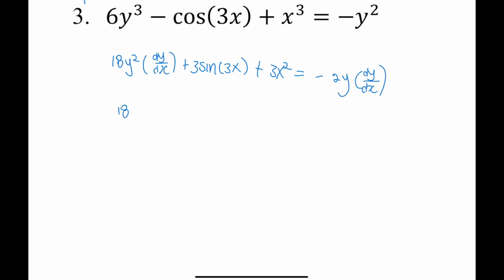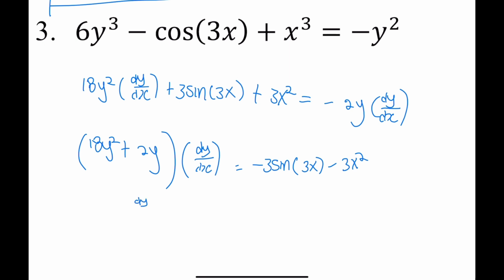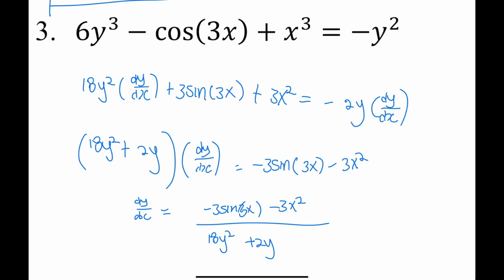So 18y squared plus 2y, and then dy/dx equals negative 3 sine 3x minus 3x squared. So dy/dx is essentially equal to negative 3 sine 3x minus 3x squared all over 18y squared plus 2y.